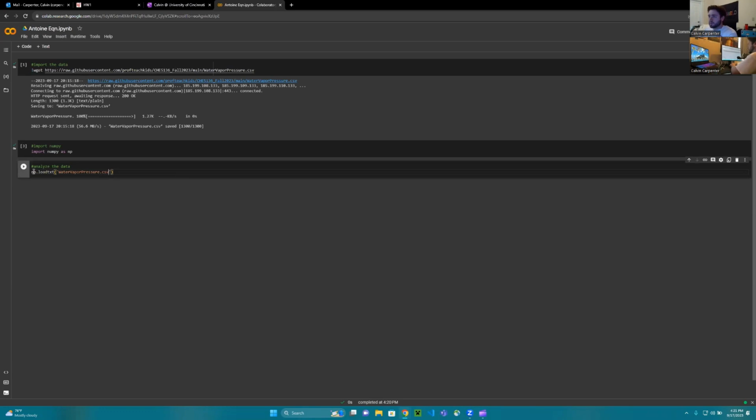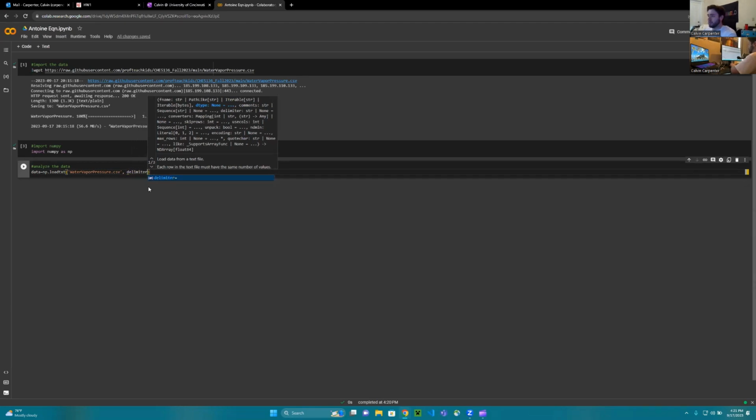Then we're gonna have to set this equal to something. So data equals our load text, and our delimiter is going to be commas.